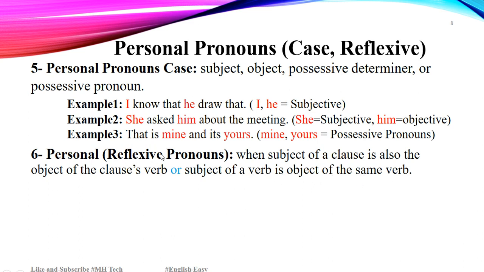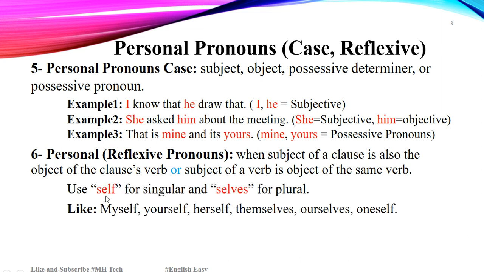So it is called a reflexive pronoun. Here we use self and selves. Self for the singular form and selves for the plural form. These are examples of reflexive pronouns: myself, yourself, herself, themselves, ourselves, and oneself.